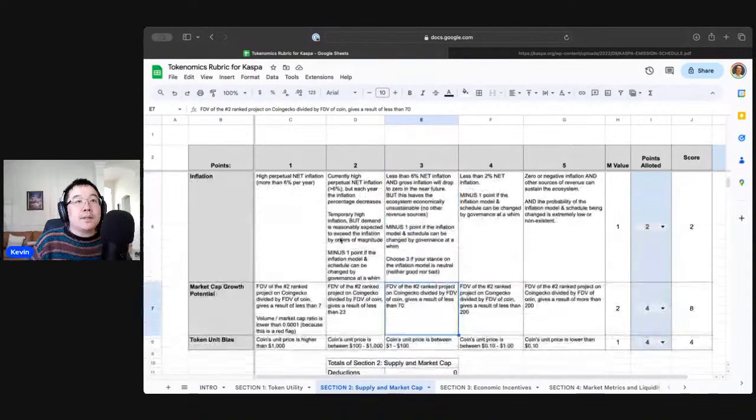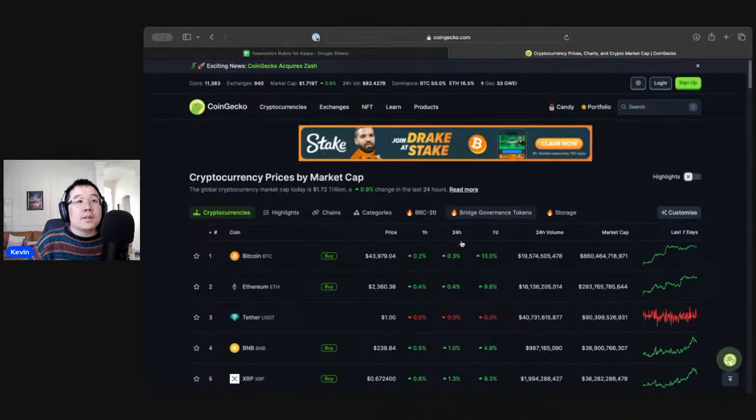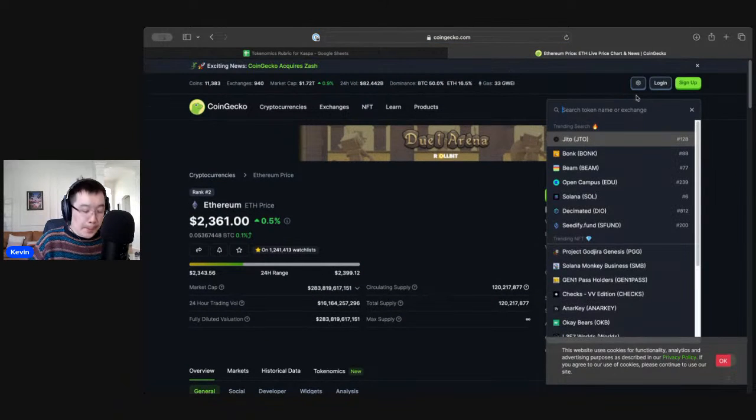Now let's talk about the market cap growth potential. This compares the market cap of Kaspa to the fully diluted value of the number 2 ranked project, which is Ethereum. So let's do that here. Okay, Ethereum's FDV is 283 billion.